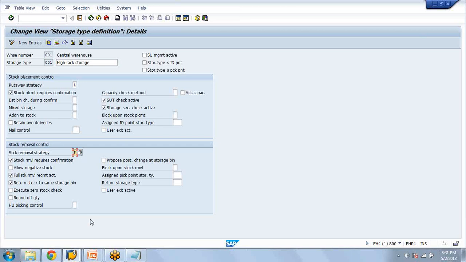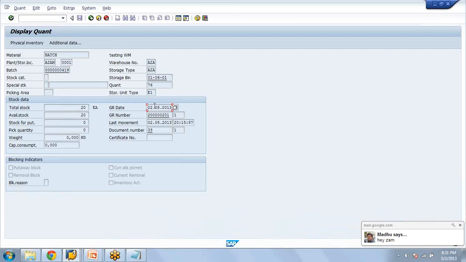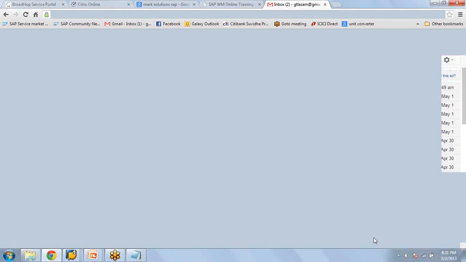The reason is the GR date will get overwritten, so the system will not understand which is the old one and which is the new one. Got it? Okay. I will practice it and I will come to you.